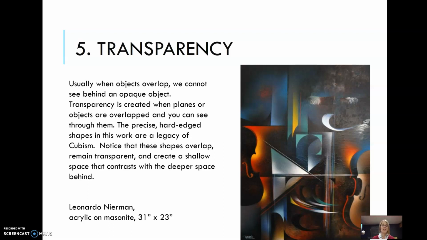The precise hard-edged shapes in this work are a legacy of Cubism. Here's a piece by Leonardo Nierman, and it's acrylic on masonite. Let's look at this section right here where I'm circling with my cursor.